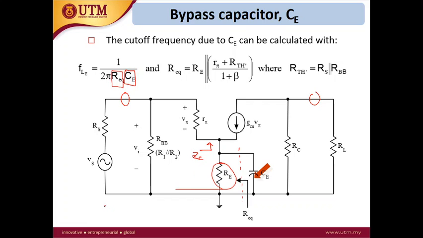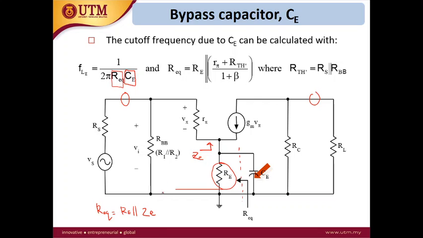So REQ is equal to RE parallel with ZE. The detail of the calculation of ZE was discussed in a previous week, so please refer to the previous week slide.